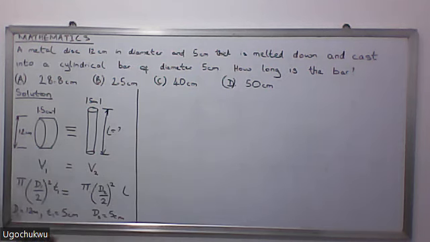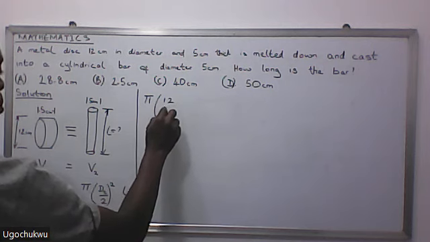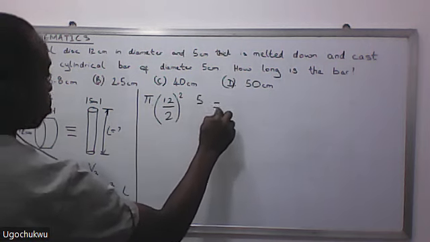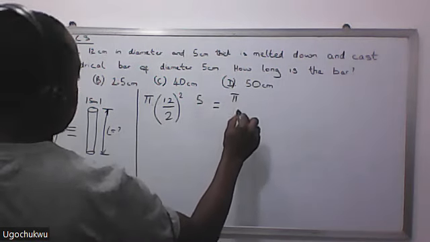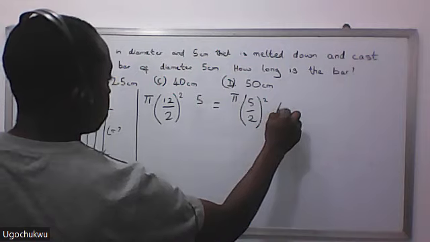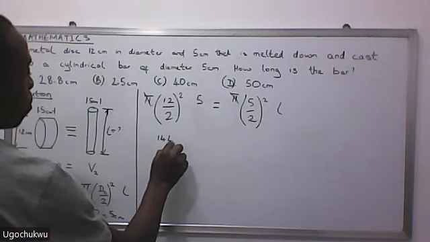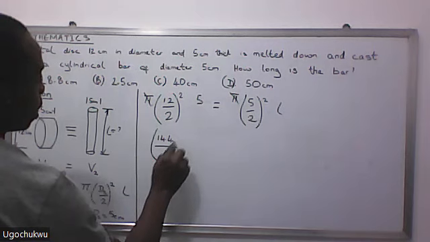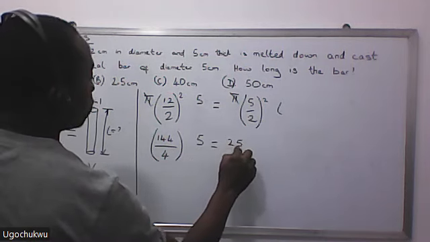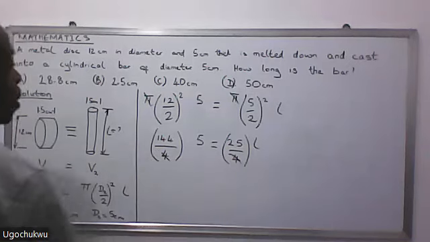So putting these values into our equation, we have pi times 12 over 2 squared, times 5, equal to pi times 5 over 2 squared, times L. In this equation, this pi can cancel out this pi. 144 over 4 times 5 is equal to 25 over 4 times L. Of course, this can cancel out.